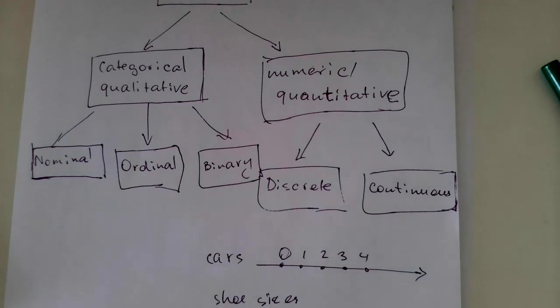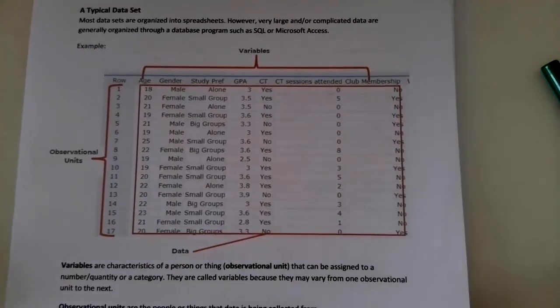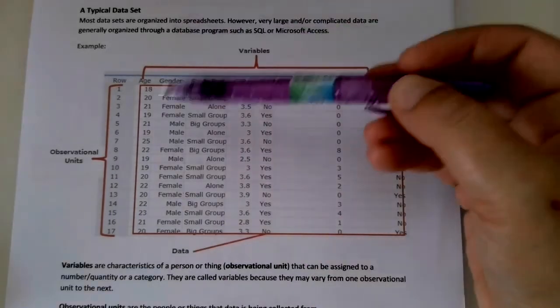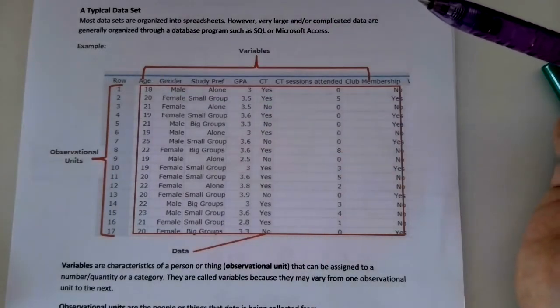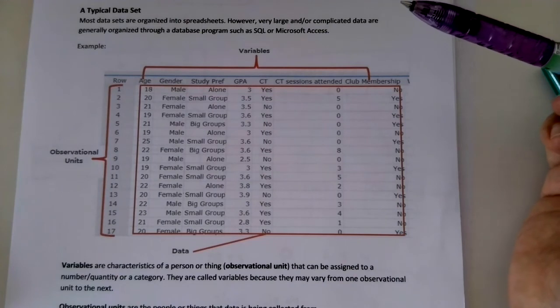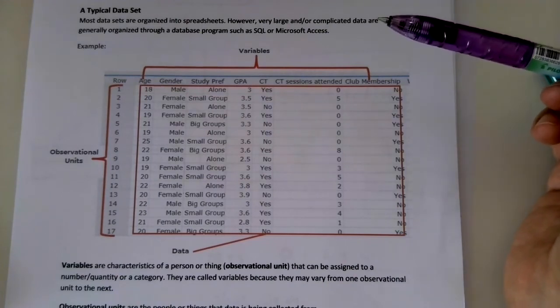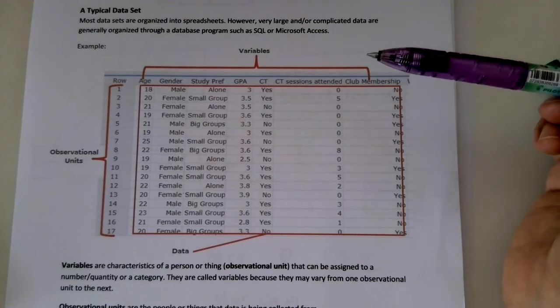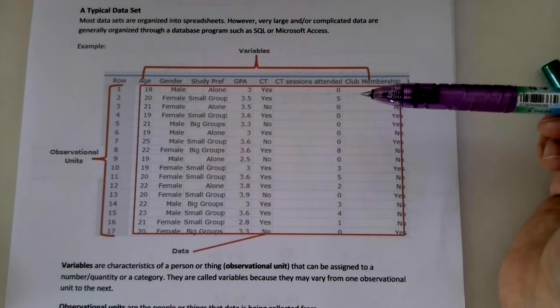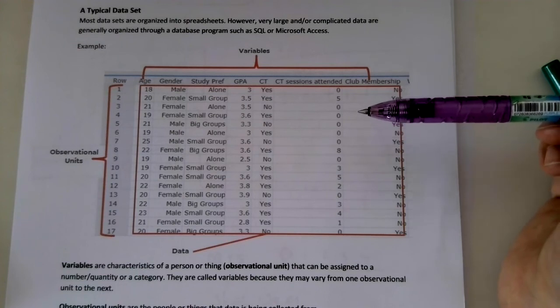So now let's go ahead and take a look at our spreadsheet that we saw before, and we're going to try and identify the data type for each variable here. I encourage you to pause here and think about the answers yourself first, and then turn the video back on and check your answers.